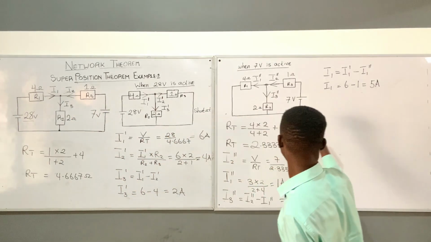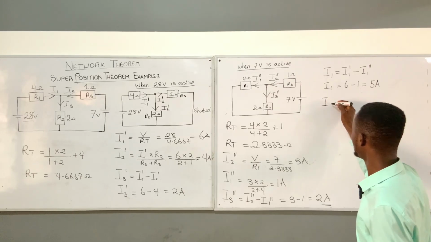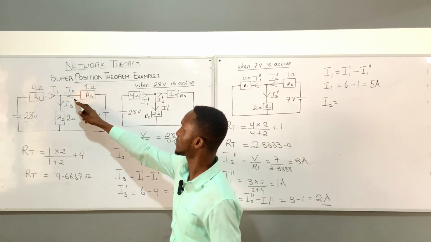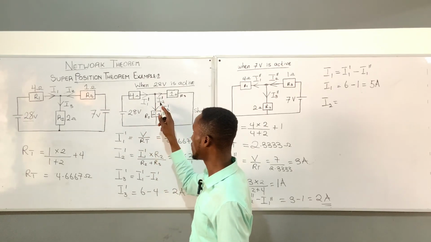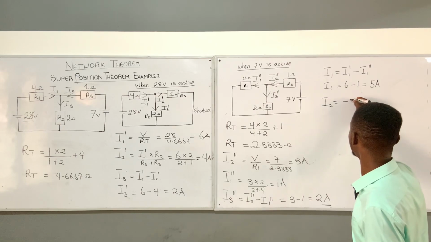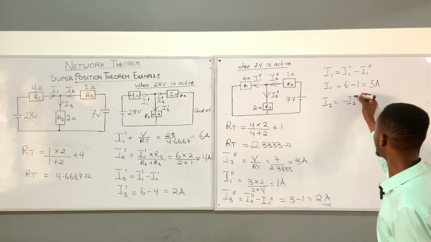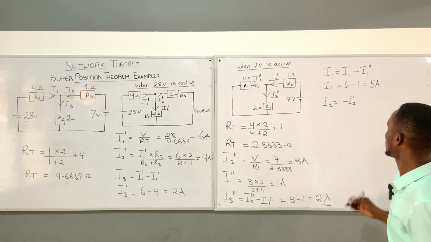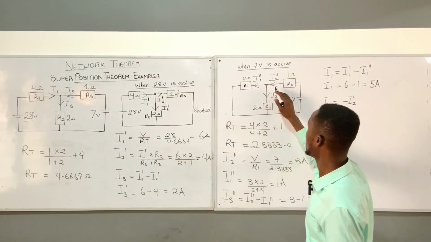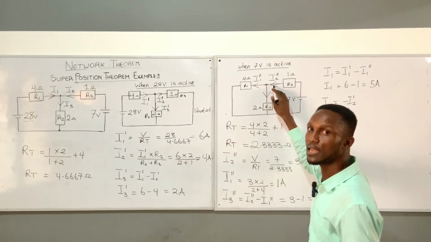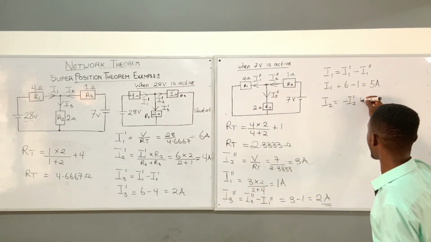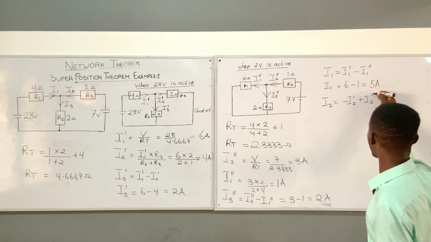Now let us work on I2. For I2, I have my I2 here, and when we compare this direction with this, it is opposite. So we negate I2 prime. So I have my negative I2 prime. Then we compare the same direction with our second diagram. We could see it is moving in the same direction. So we take the positive value, so plus I2 double prime.